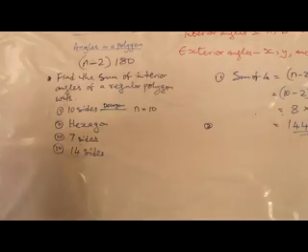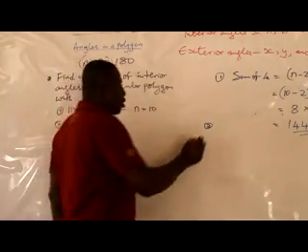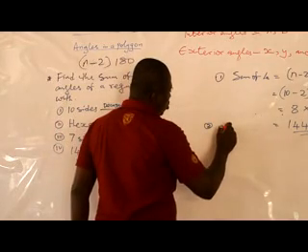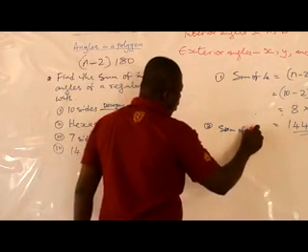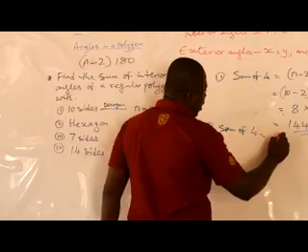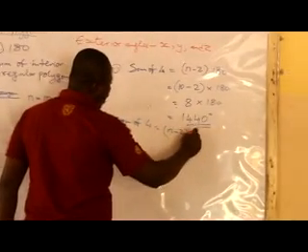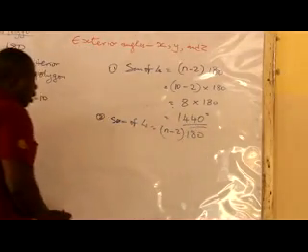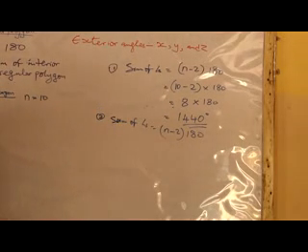The second question: find the sum of interior angles in a hexagon. The sum of angles is equal to n minus 2 multiplied by 180. You know that a hexagon is a polygon with 6 sides.